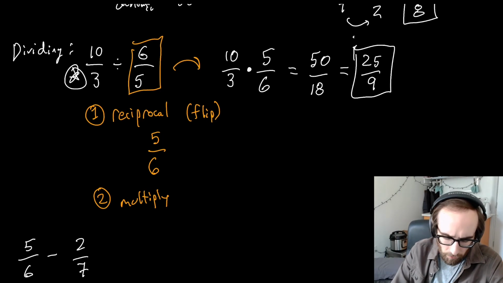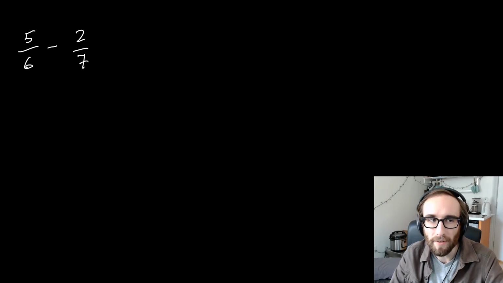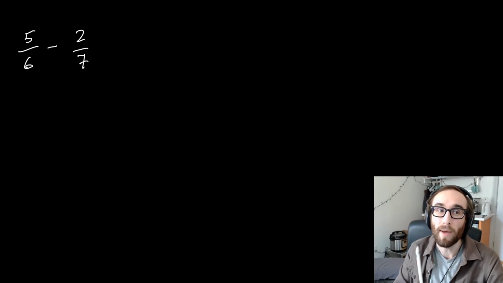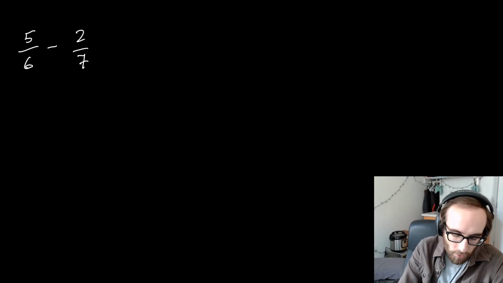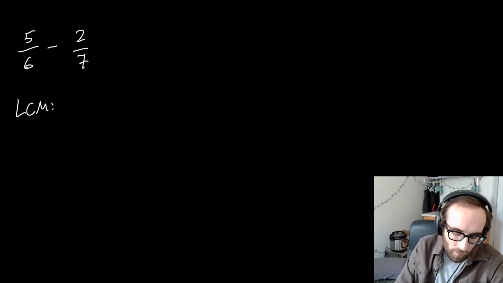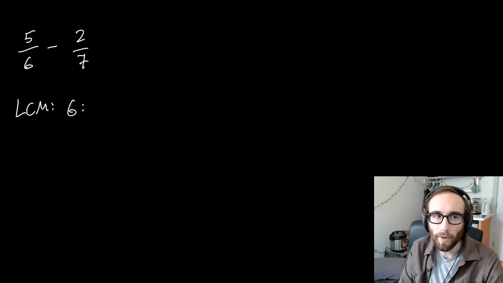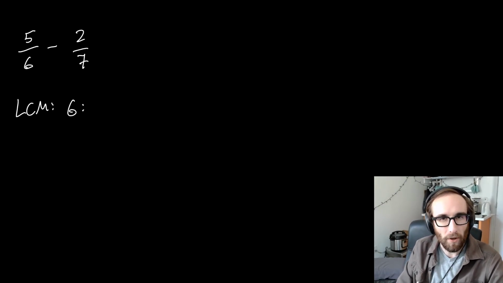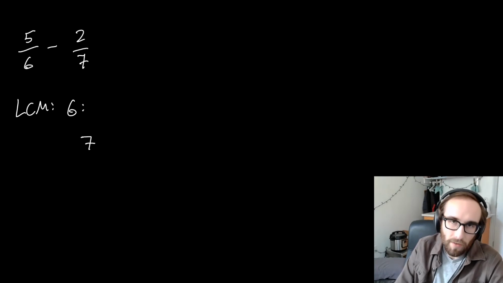Okay, finally, I want to go over one more example of adding and subtracting fractions with different denominators. Here we have 5/6 minus 2/7. So notice we have different denominators, so we need to find the least common multiple. One way to find the least common multiple is to look at multiples of one of the numbers and then see if the other number multiplies into any of those multiples.